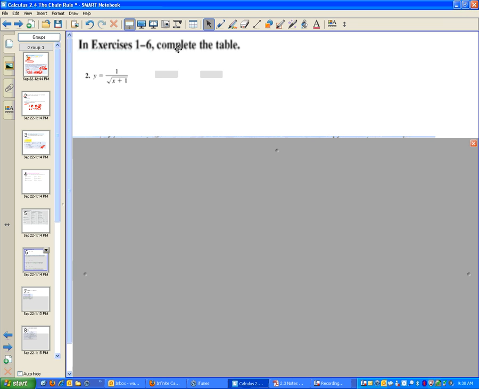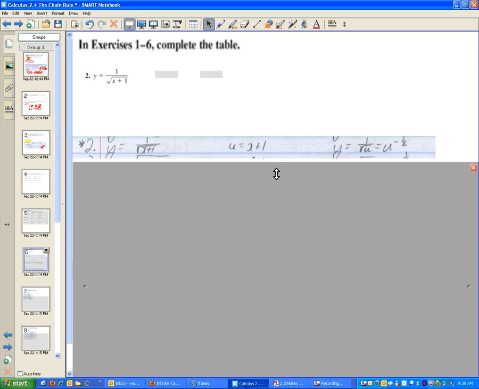So for number 2, they give us that y equals 1 over the square root of x plus 1. And then the next column over, we're supposed to fill in u equals g of x. So in other words, we have to say what u equals.